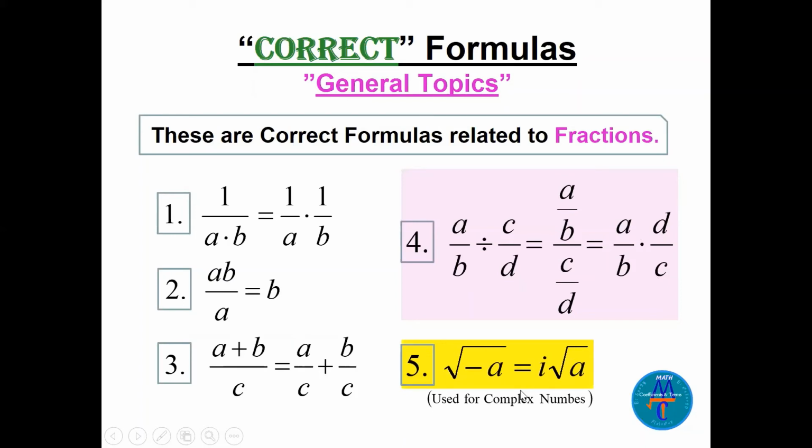Number 5, this formula you can use for complex numbers. Complex numbers means when you have a negative number under the radical, the square root. So when you have square root of minus 5, it's i square root of 5. Square root of minus 9, i square root of 9, which is 3, so it will be 3i. Square root of minus 16, 4i, or i times 4.